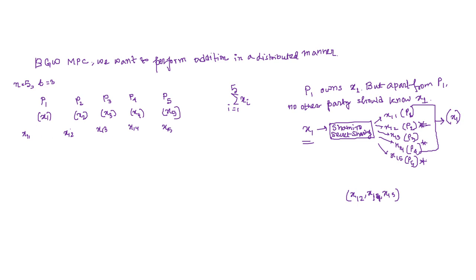Now similarly x2 also gets secret shared using the semi-secret sharing scheme, and as a result P1 gets x21, the first share of x2, let's say. P2 keeps to itself x22, the second share of x2. P2 gives P3 the third share of x2. Similarly, P4 gets x24, P5 gets x25. And each of these shares will be secret shared in this manner.